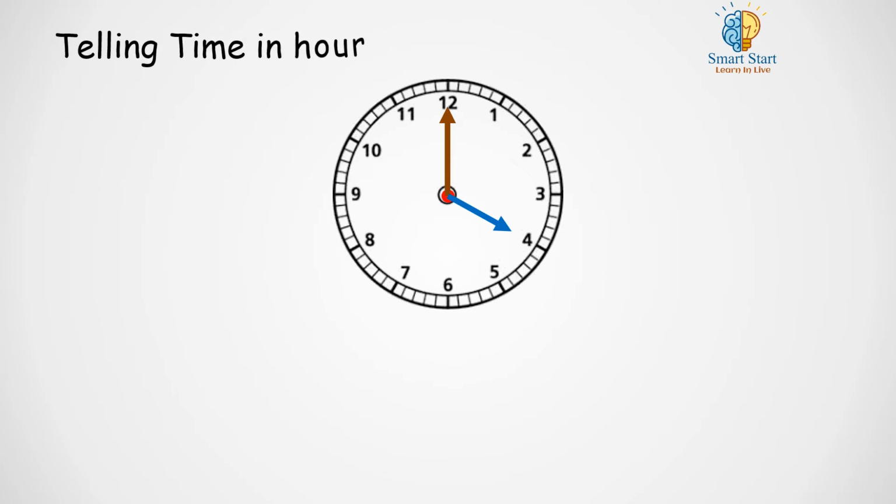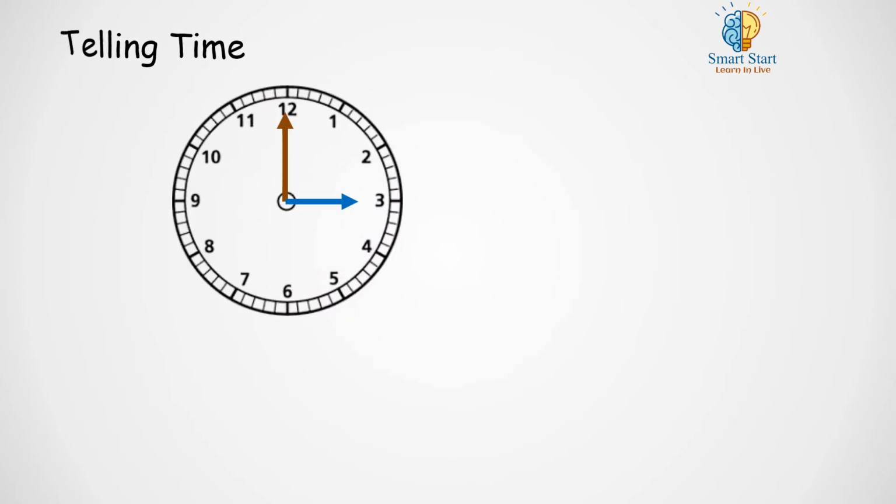Look at the clock. The minute hand is at 12 and the hour hand is at 4. So the time is 4 o'clock. Now tell me the time by looking at the clock.